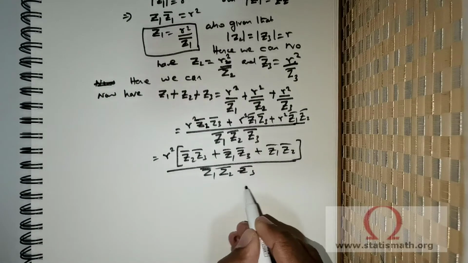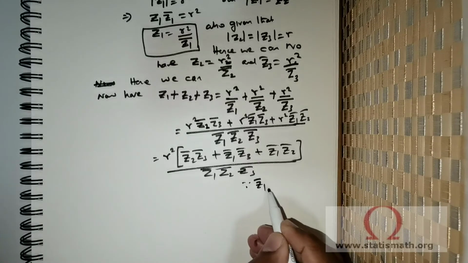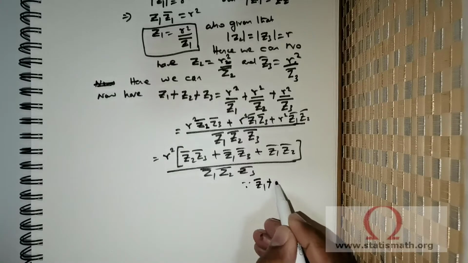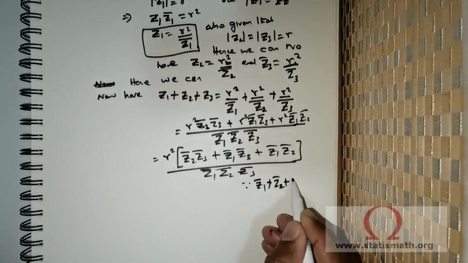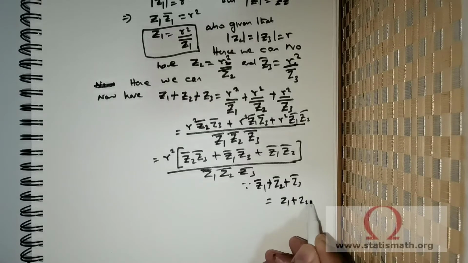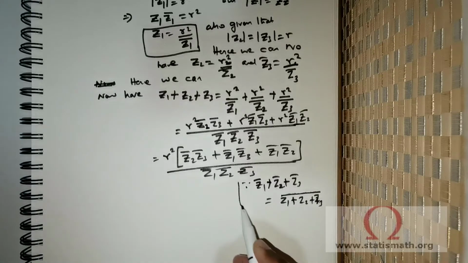Now you will have to know that the sum of the conjugates, z1 bar plus z2 bar plus z3 bar, can be rewritten as z1 plus z2 plus z3 the whole bar. This is a result.